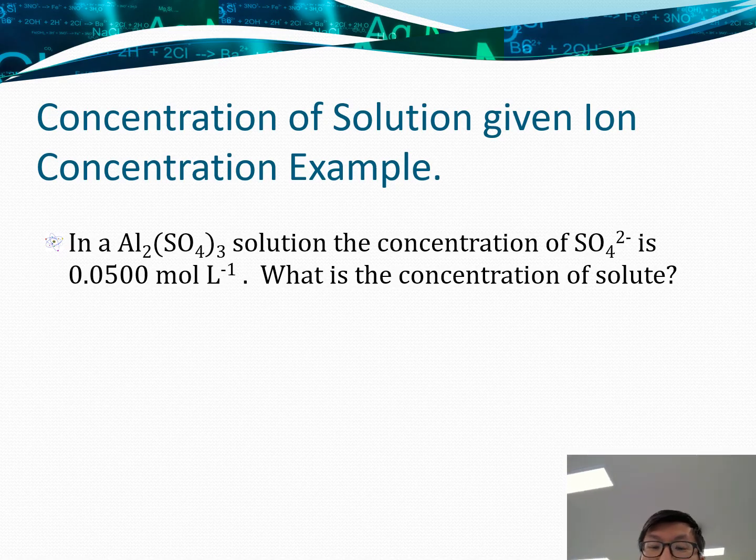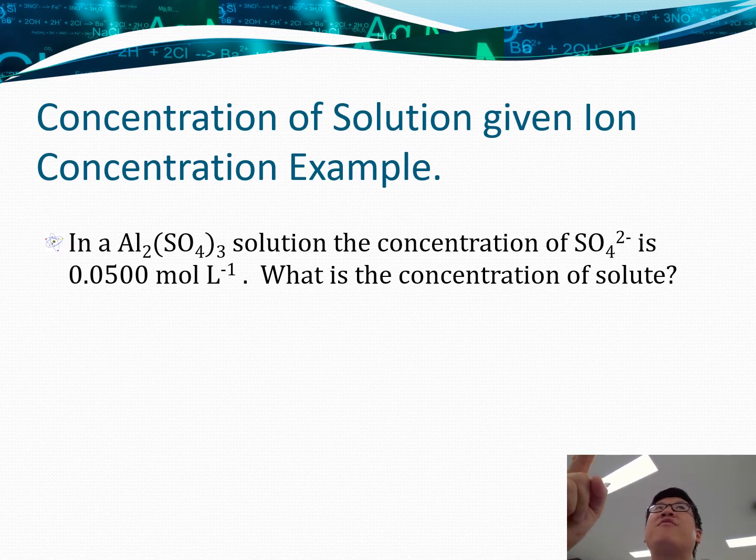So it's asking you, in a solution of aluminium sulfate, the concentration of sulfate is 0.05 moles per liter. What is the concentration of the solute? It's important from this question that you understand the point of observation, or what information you're looking from.